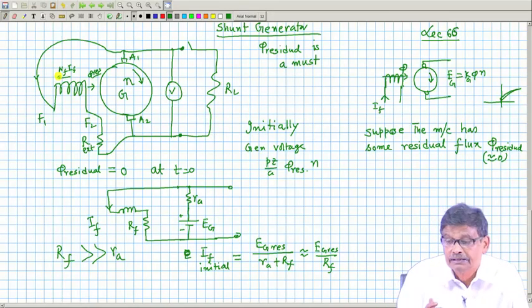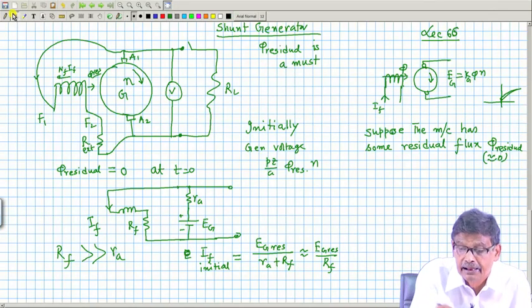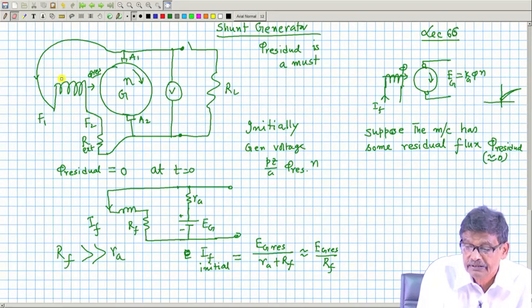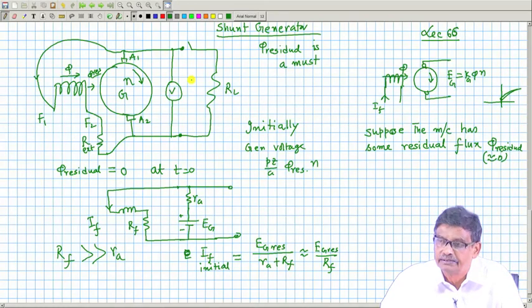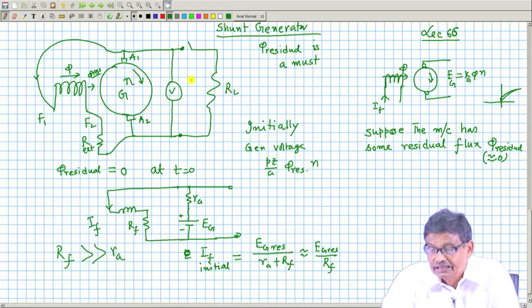However, it may so happen that this new MMF also produces flux in the same direction as that of the residual field. Then what is going to happen? Then the Eg will rise.